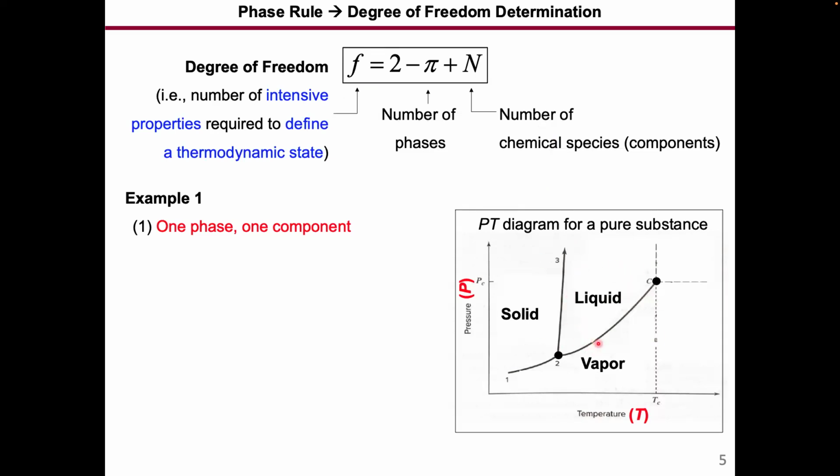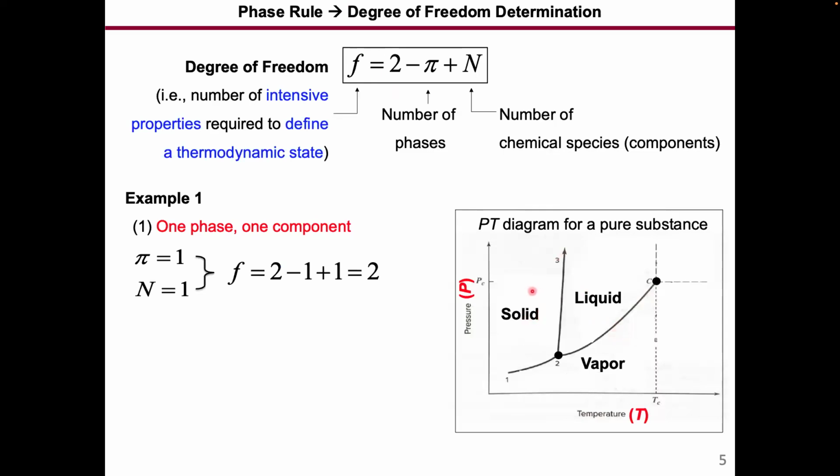So pi is equal to 1, n is equal to 1. Then if you plug in, you will know F has to be equal to 2. That means you need to know 2 intensive thermodynamic properties so that you can actually define a state.